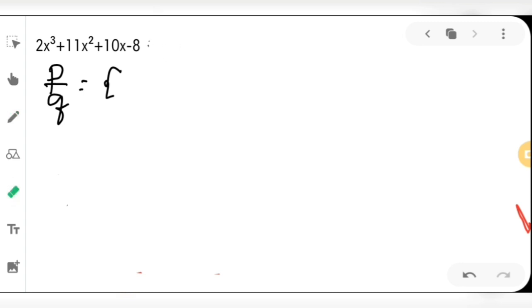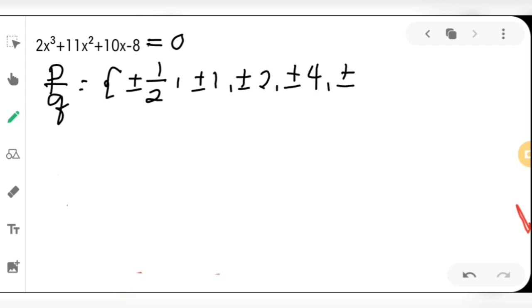When we say root, by the way, that is the number that satisfies the polynomial, or that is the number that will make your polynomial equal to 0. So we have again positive negative 1/2, positive negative 1, positive negative 2, positive negative 4, and positive negative 8.